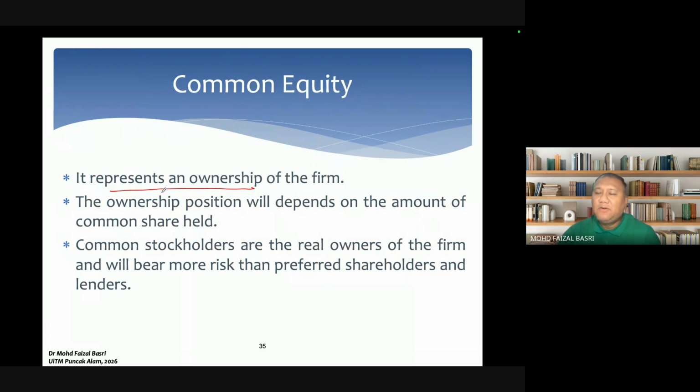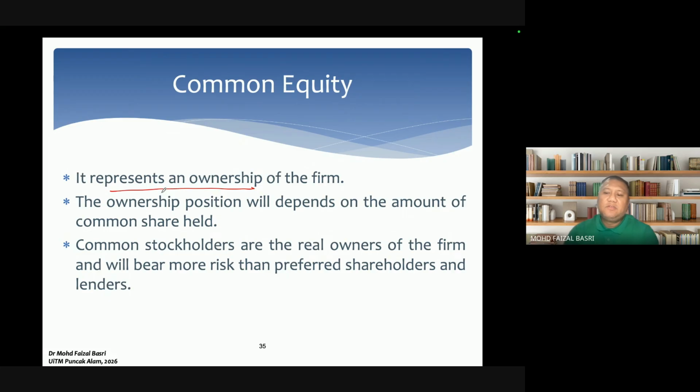So if you allow common stockholders in the structure of your company, maknanya you issue funding ataupun you issue instruments untuk funding menggunakan common stocks, you are actually allowing external parties to be part of your company lah. So you membenarkan orang lain to enter the company as the shareholders. Okay, and the positions of ownership tu depends on how many ataupun how much shares you hold.